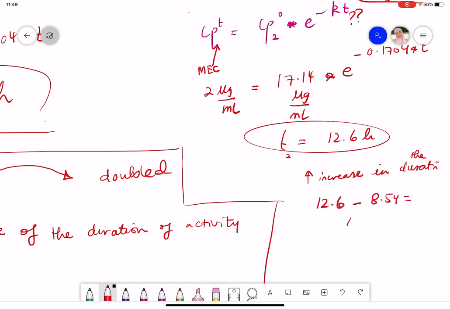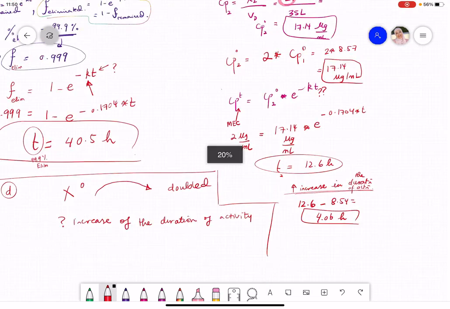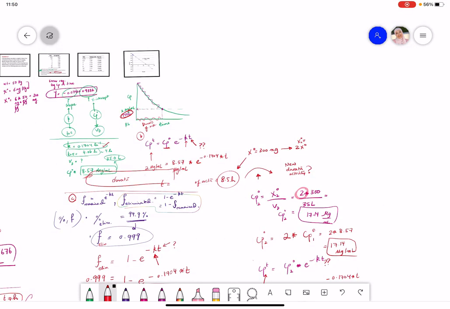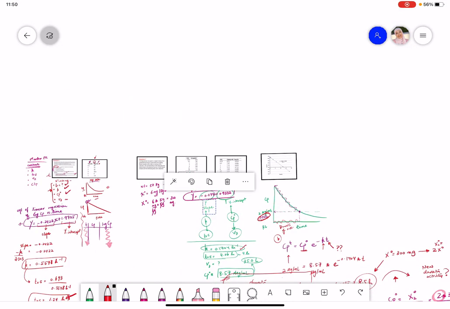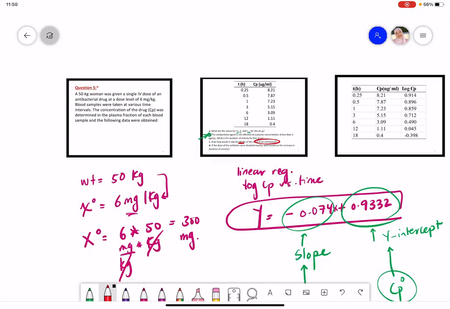This gives us 4.06 hours. So this is the answer. This is the change or increase in the duration of action or activity. By this, I think we finish this question. So I will stop here and continue the last question in the next part.